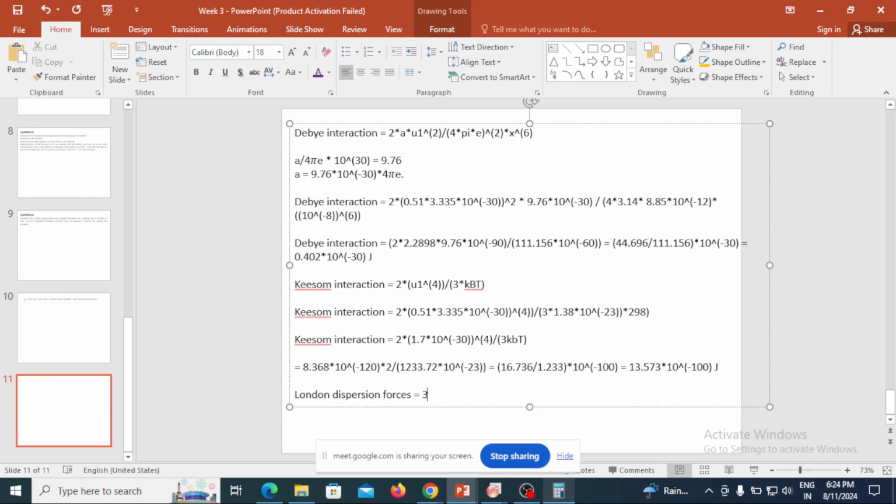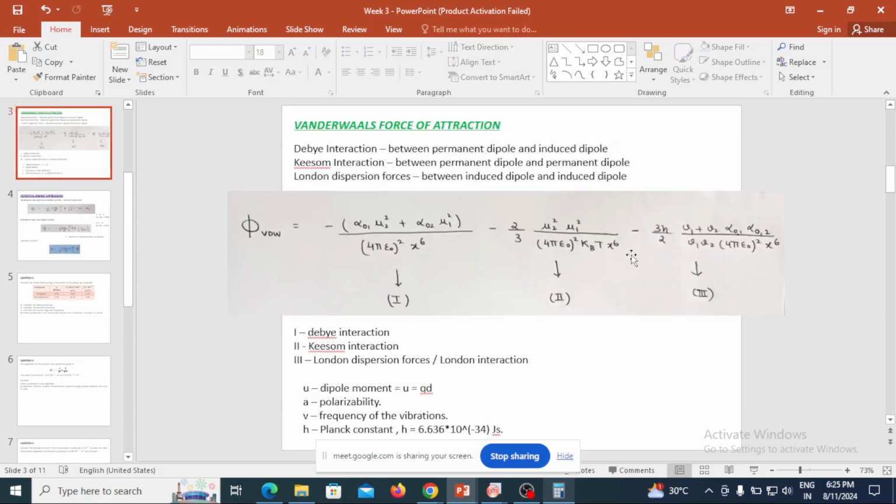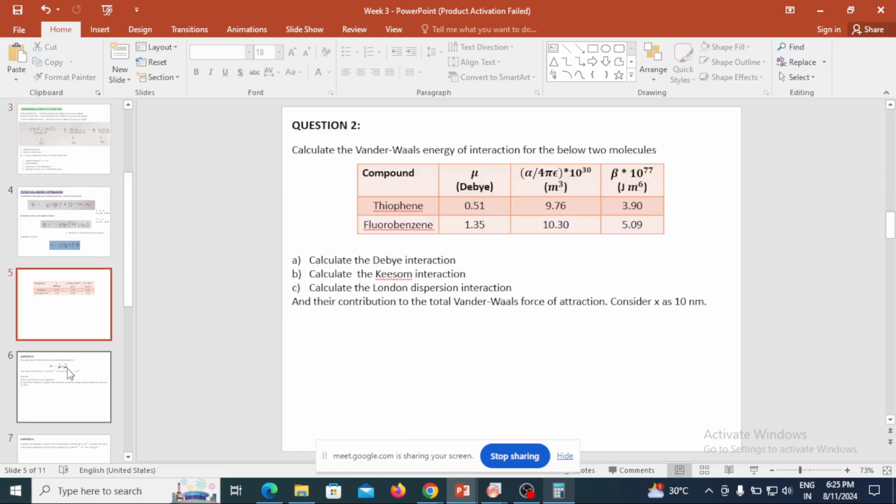So it will be 3h times alpha square, nu. Let me check whether I wrote it correctly. So yeah, okay.